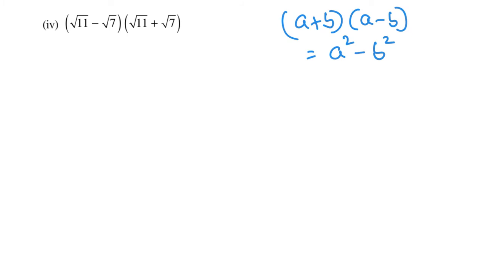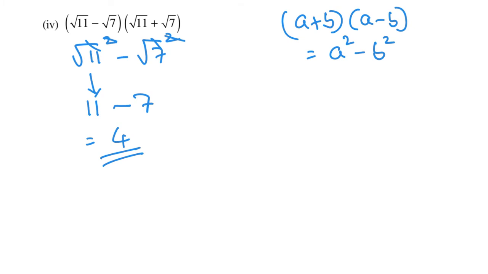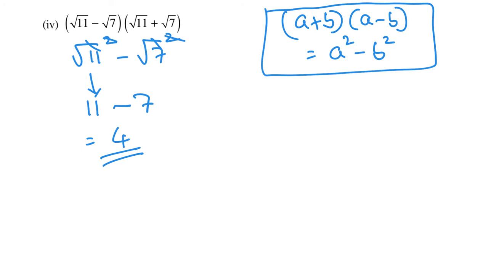So can I write this as now square root 11 squared minus square root 7 squared? I can. And square root 11 squared is how much? You can remember it's 11, and minus square root 7 squared is 7, and 11 minus 7 is 4. Pretty simple. Now you know how to apply this a plus b times a minus b, which is a squared minus b squared. Let's go ahead.